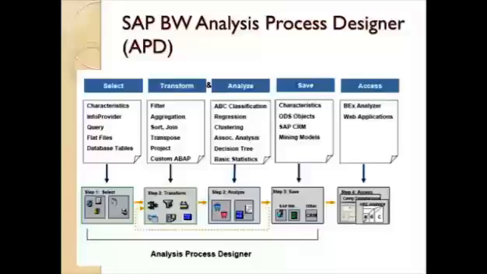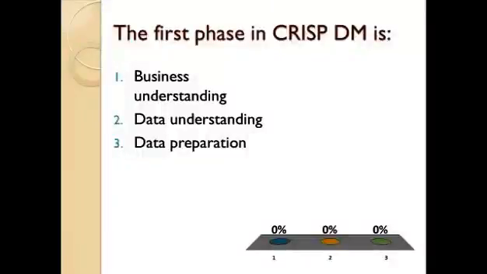Okay, so actually all the first three steps are performed using APD, which is part of the advanced features that we talked about in chapter 15, which you'll learn more about in this presentation, as well as by doing the data mining assignment. Okay, except the last step, which is access, which again utilizes BEx Analyzer that you have learned about before, or other web applications. Okay. A question on the CRISP data model.